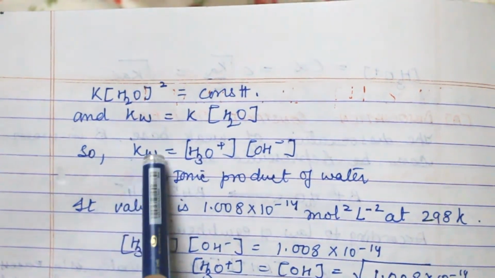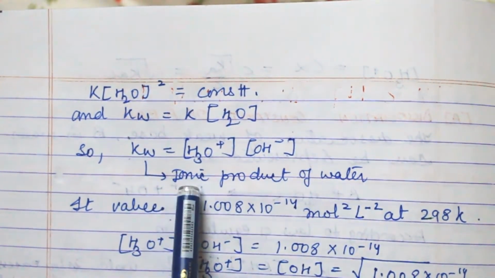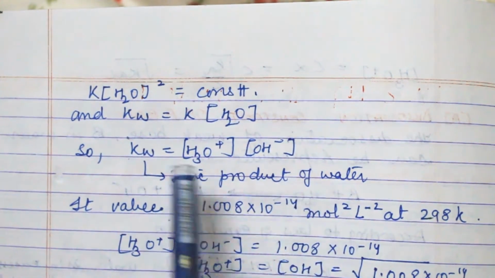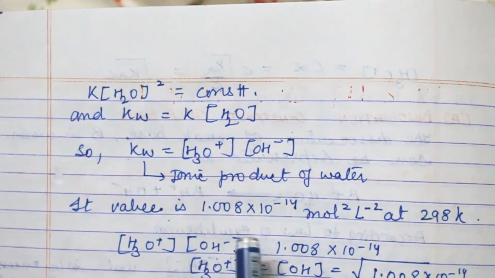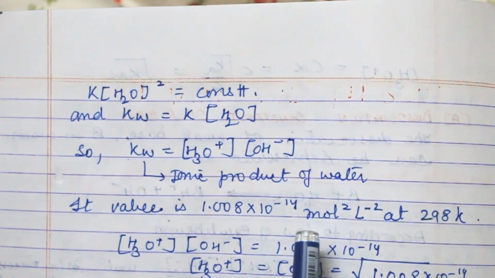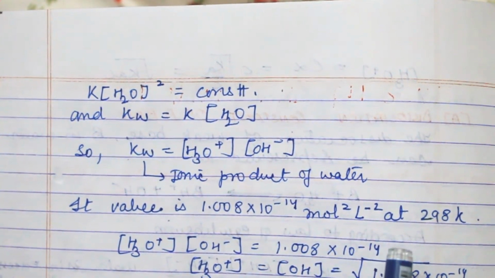So now we take Kw, that is the ionic product of water. Kw is what? The ionic product of water, W for water. The value of the ionic product of water is 1.008 into 10 to the power minus 14 mole square per liter square at 298 Kelvin.